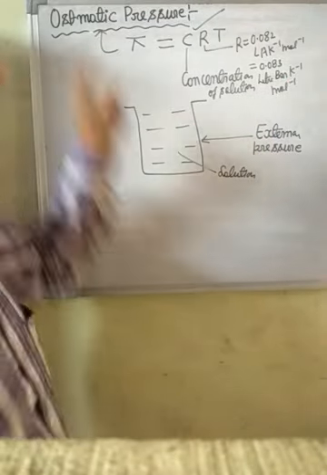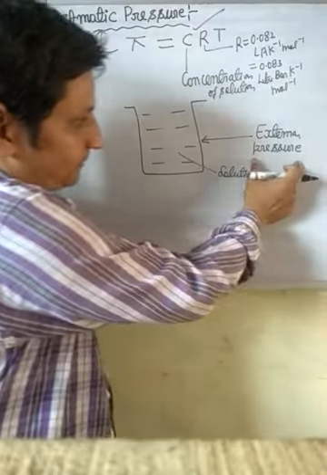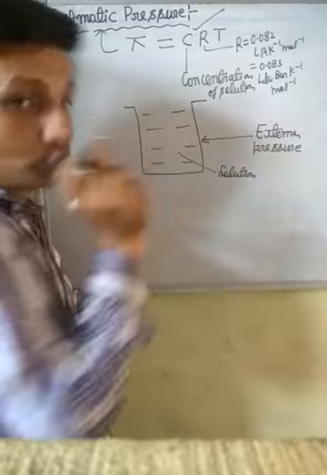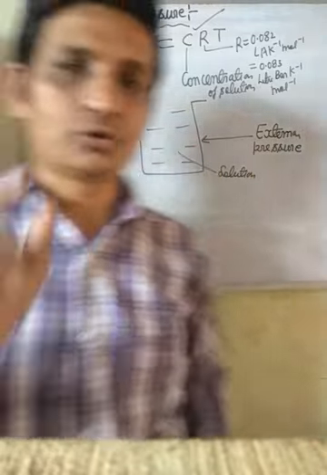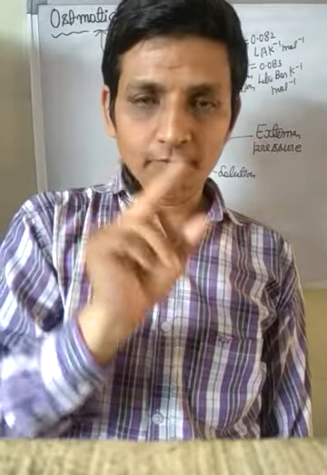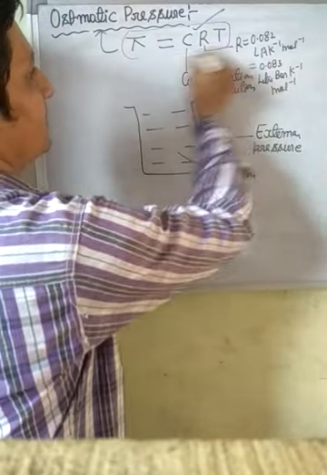Student, I am telling you once more, osmotic pressure: the external pressure which should be applied on the solution to prevent flow of solvent into solution is called osmotic pressure. Van 't Hoff in 1887 observed that for dilute solution, pi is equal to CRT.